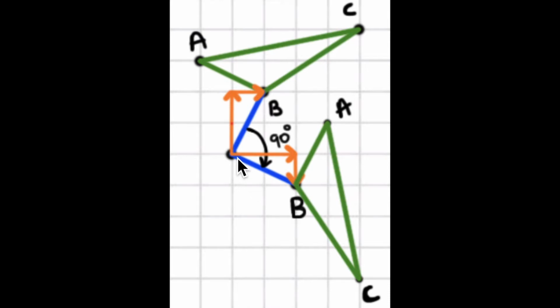I start at the center of rotation and count vertically 2 units, 1, 2, and horizontally 1 unit. Now if I rotate this arrow 90 degrees to right here, I count horizontally 2 units, 1, 2, and then vertically down 1 unit, and I end up with B prime. So that's a 90-degree rotation.